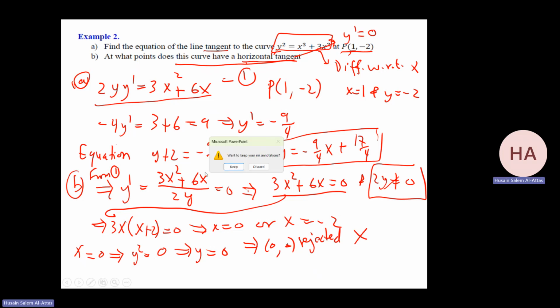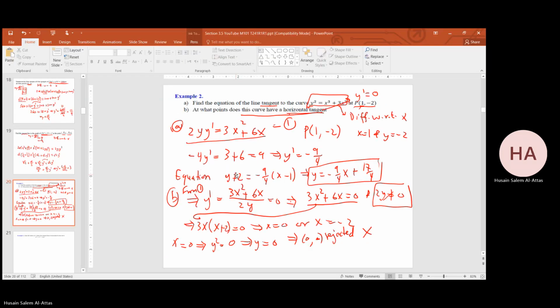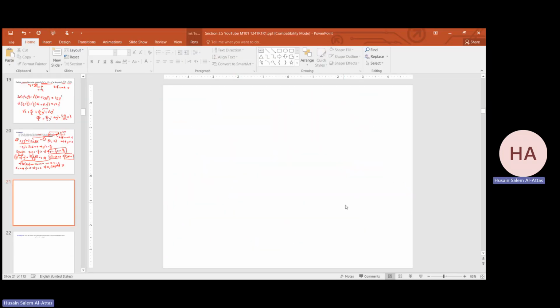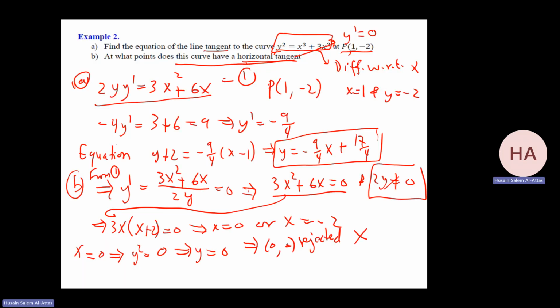Okay, let me give more space. Yes, this is rejected. Now we'll take the other one. X equals minus 2.